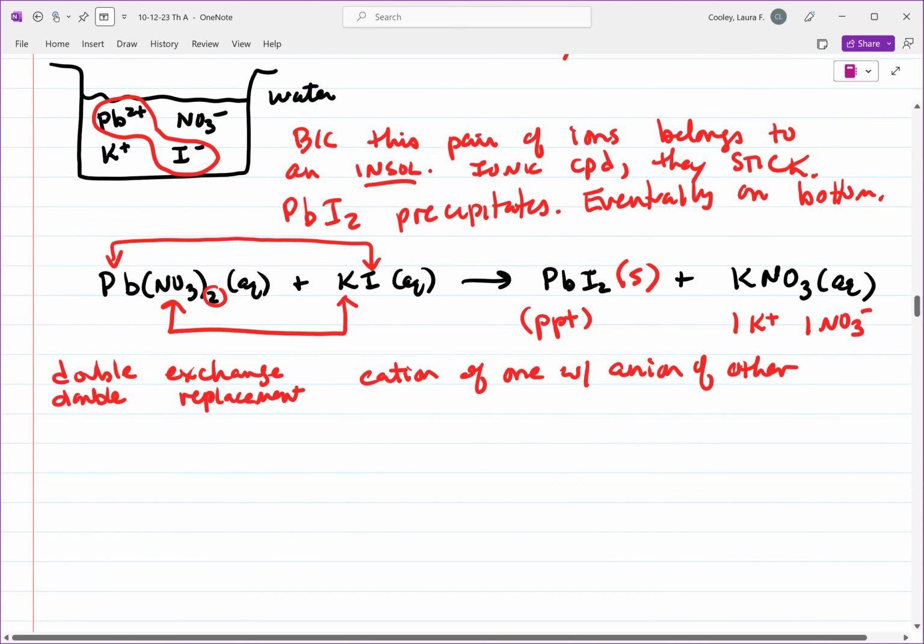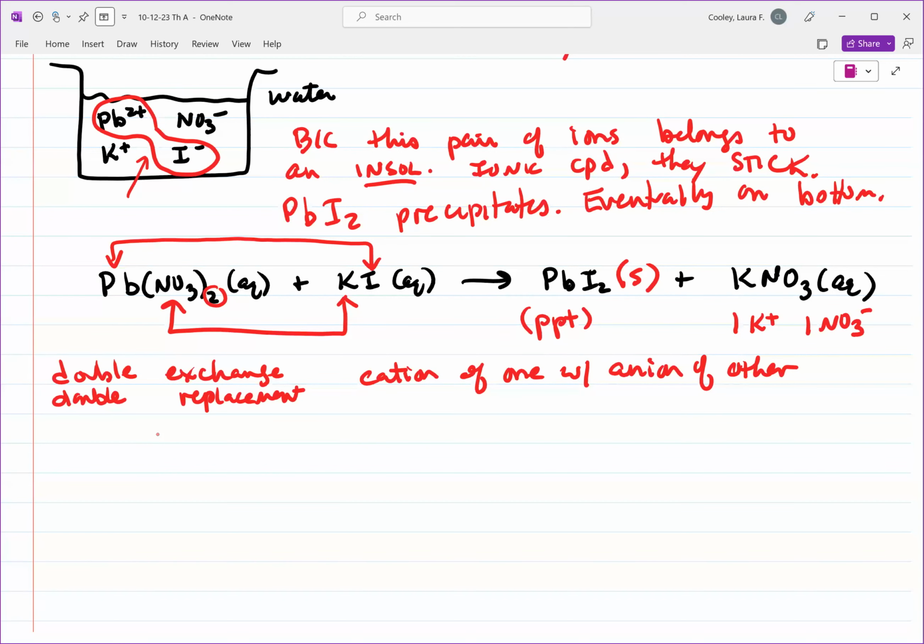So I want you to understand, though, that this makes it sound like these things are doing a dance and they're switching partners and things like that. And that's not really what's going on here. What's going on is we have these ions that are floating around in solution. And like I said, when the plus ions and minus ions belong to an insoluble ionic compound, they stick together.